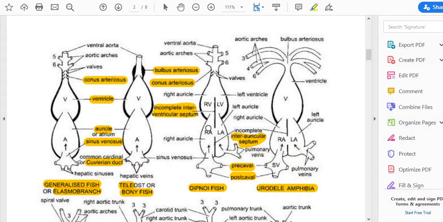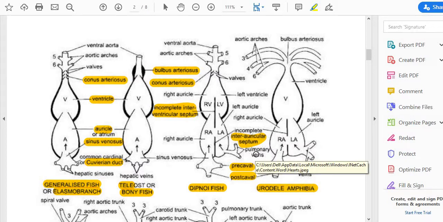So always the right side of the heart collects the deoxygenated blood and the left side of the heart collects the oxygenated blood. This we have to remember. So into the left auricle, oxygenated blood is taken through the pulmonary veins. Pulmonary refers to lungs.